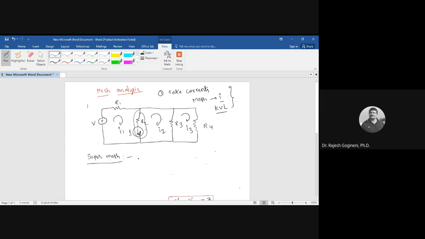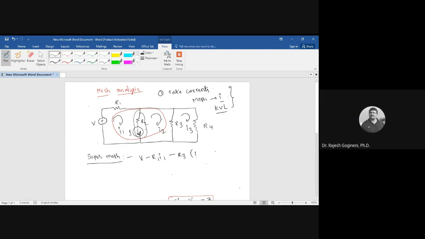Now let us see the KVL equation for the super mesh. Where I have shown here in red color, this is the super mesh, the combination of the first two meshes. Now we apply KVL as V minus R1 I1 minus, no need to take this branch, minus R3 into, what is the current flowing through R3?